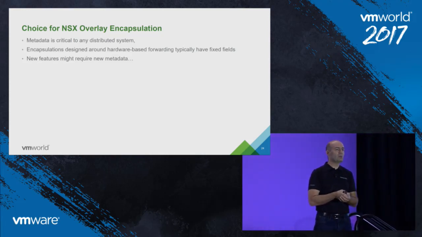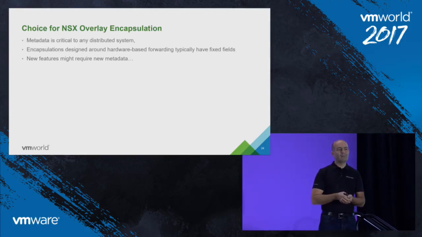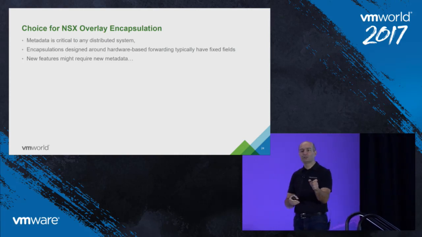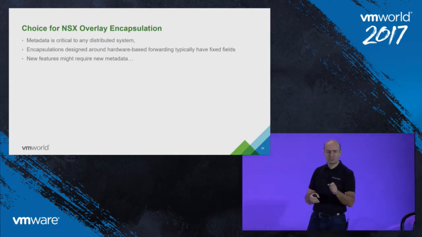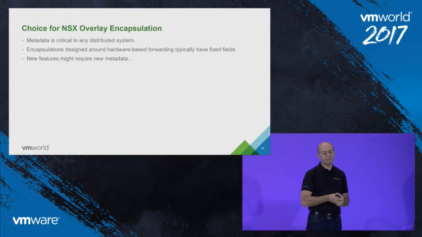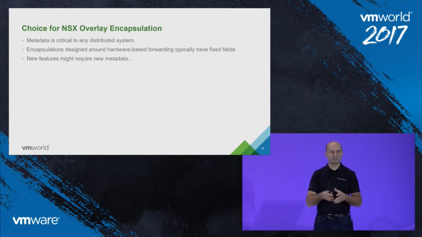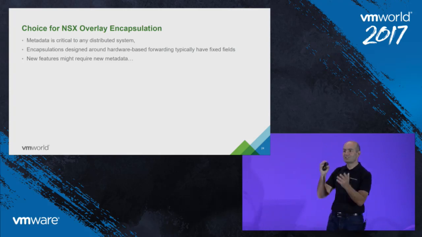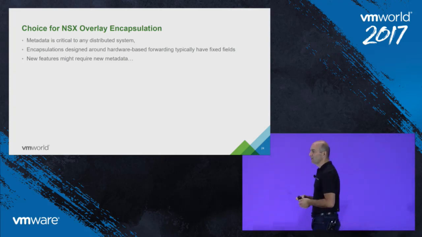Meaning that if I come up later with a feature that needs some additional bits in this encapsulation, I'm out of luck. Or I'm hijacking some reserved bit or unused bit in the encapsulation, and I hack this around. That's how you end up in some vendor's implementation with some enhanced VXLAN or super VXLAN or whatever name they can give it.